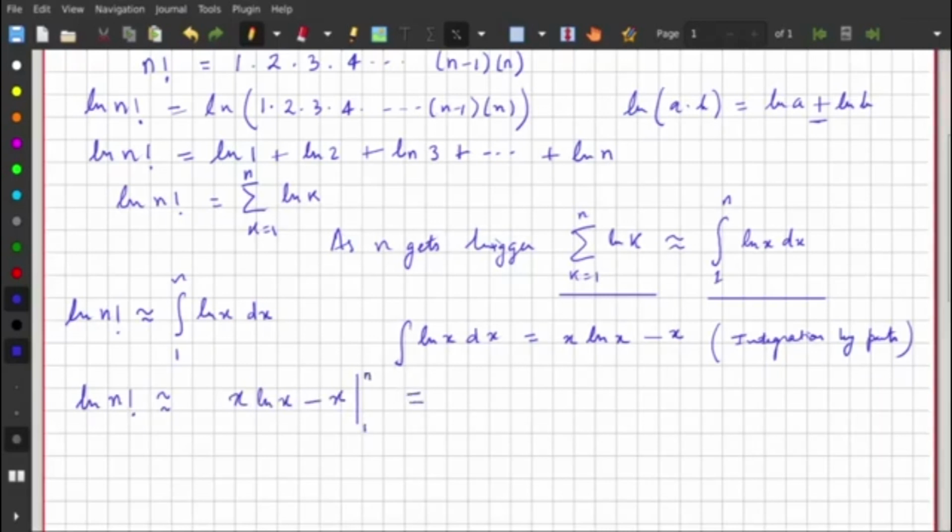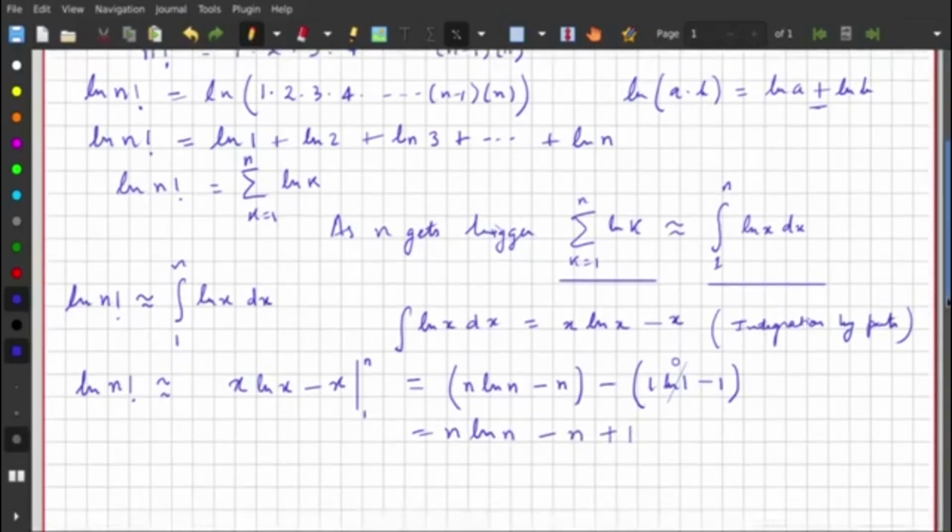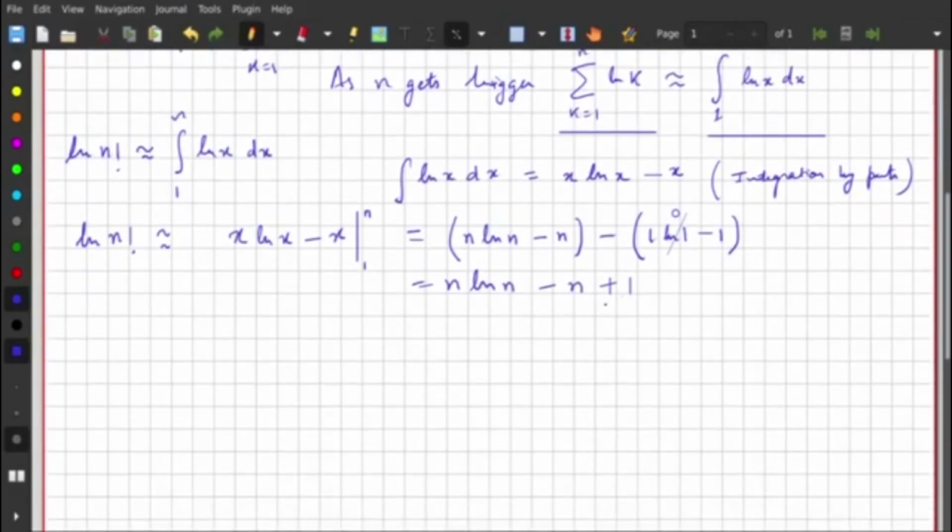If we use these limits, this will become n log n minus n minus 1 log 1 plus 1, and since log 1 is 0, this becomes n log n minus n plus 1. Okay, and since as n gets larger and larger, this 1 becomes basically negligible, therefore we can write log of n factorial is approximately equal to n log n minus n. Okay, so that is what Stirling approximation is.